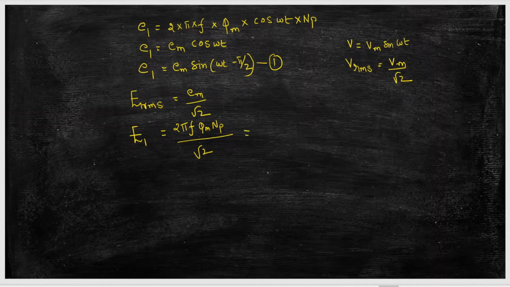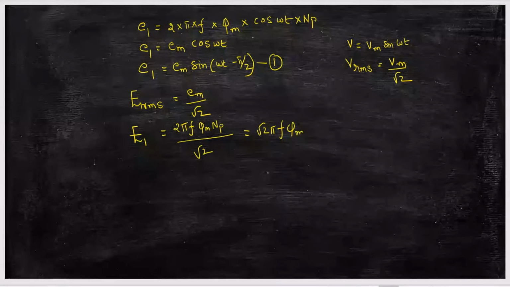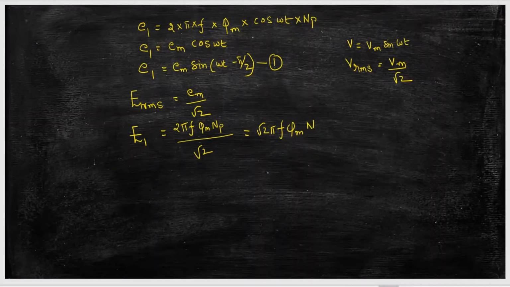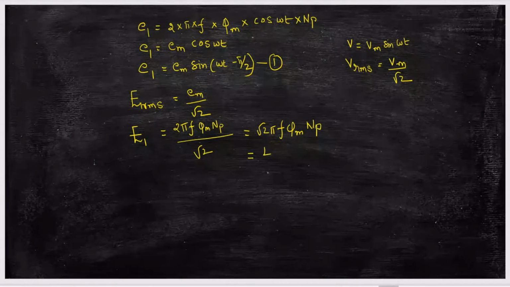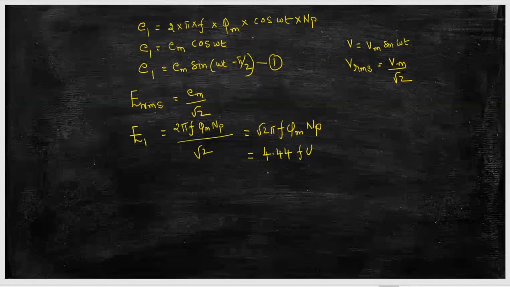So E1 is equal to root 2 pi f phi m NP. What is root 2 into pi? If you multiply root 2 into pi, you get 4.44. So E1 is 4.44 f phi m NP.